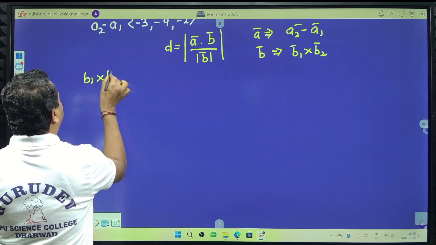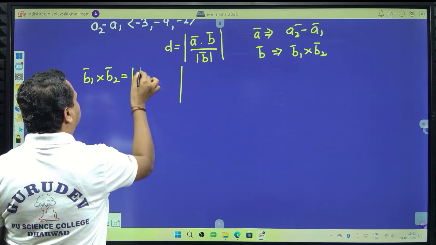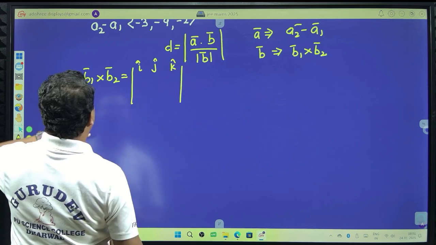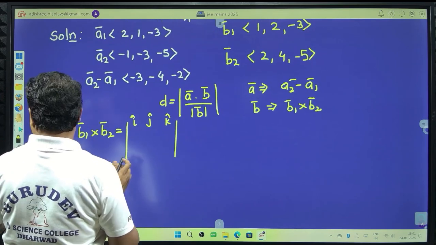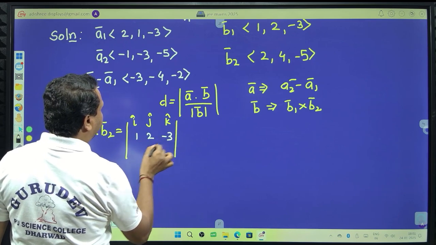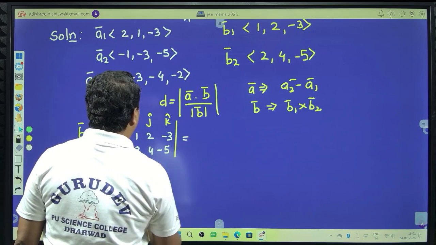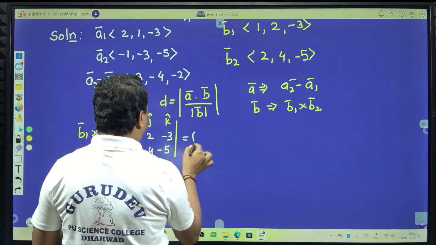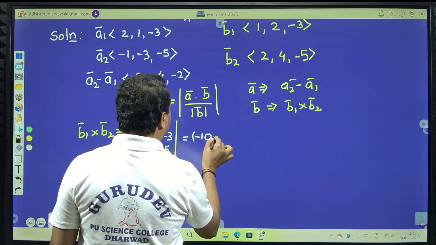B1 cross B2 is equal to a 3 cross 3 determinant: I cap, J cap, K cap. Let me write the values: 1, 2, minus 3, 2, 4, minus 5. Now when you solve it, the I coefficient is 2 into minus 5, which is minus 10, minus minus plus 4 3s are 12.